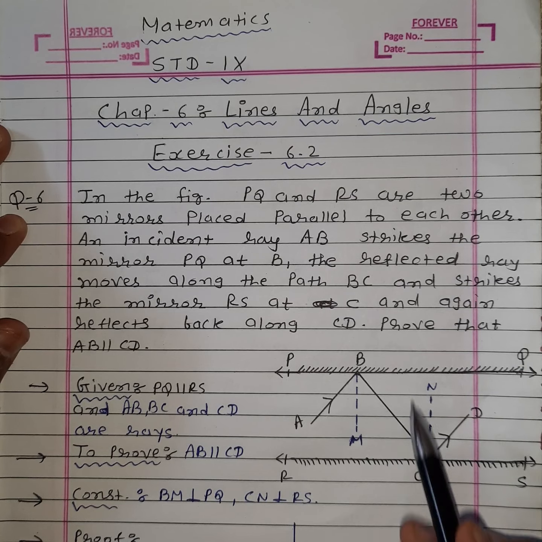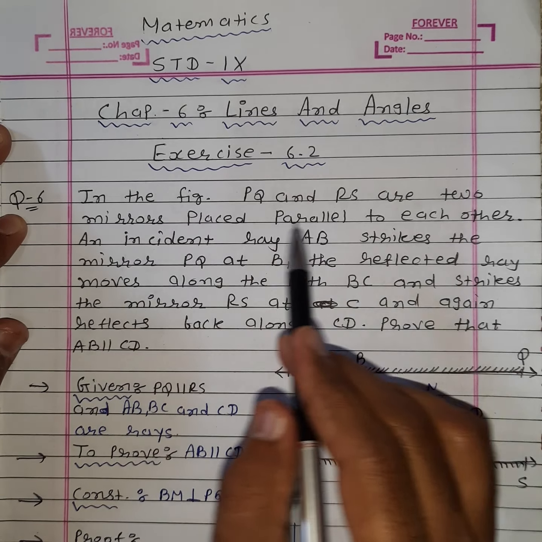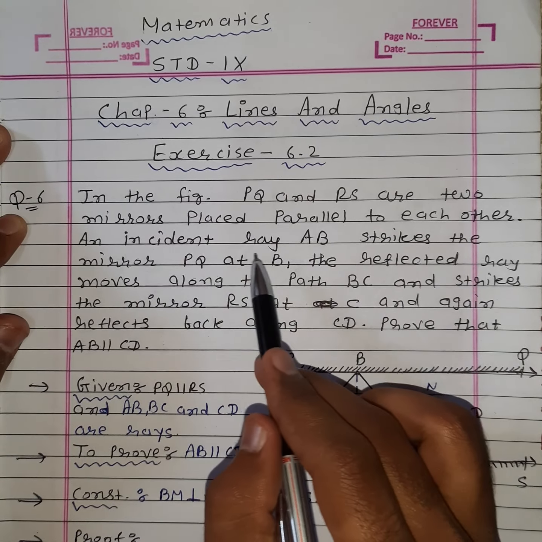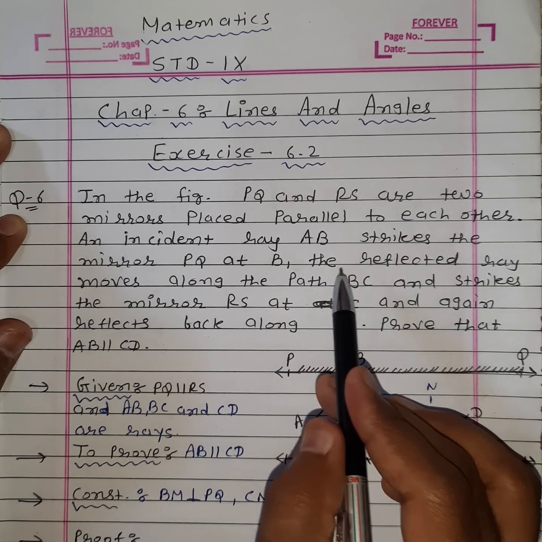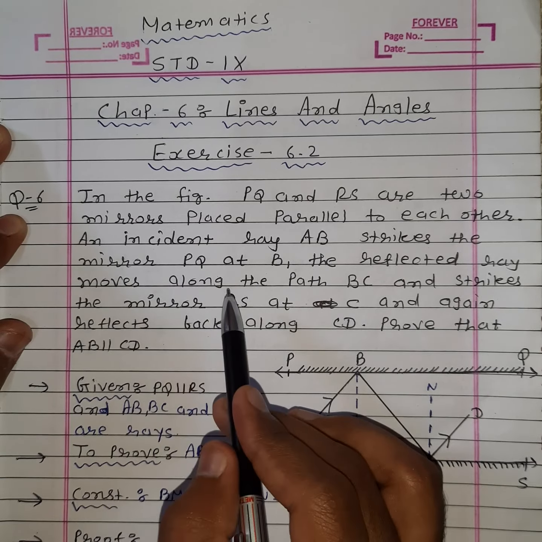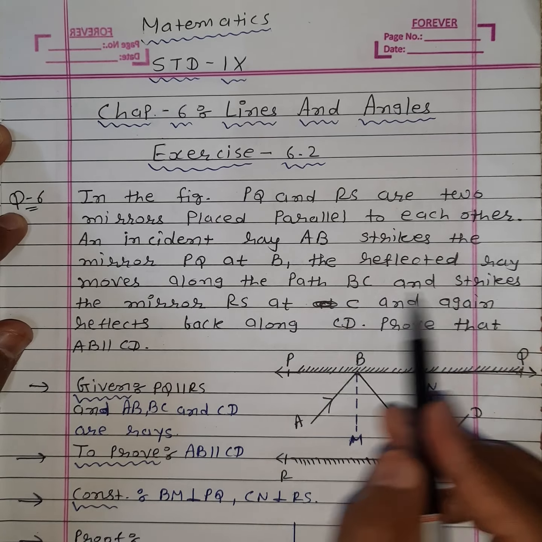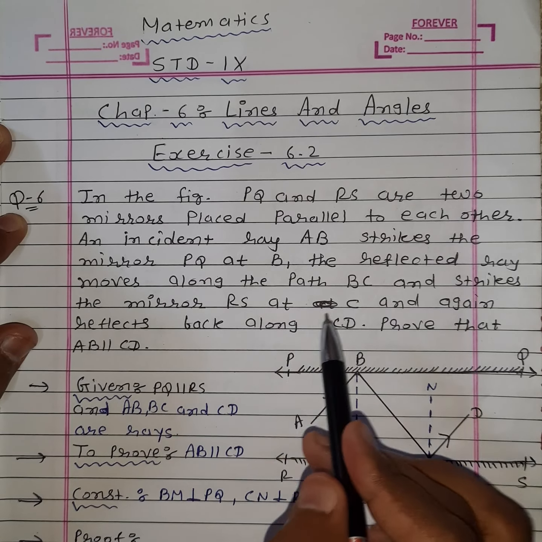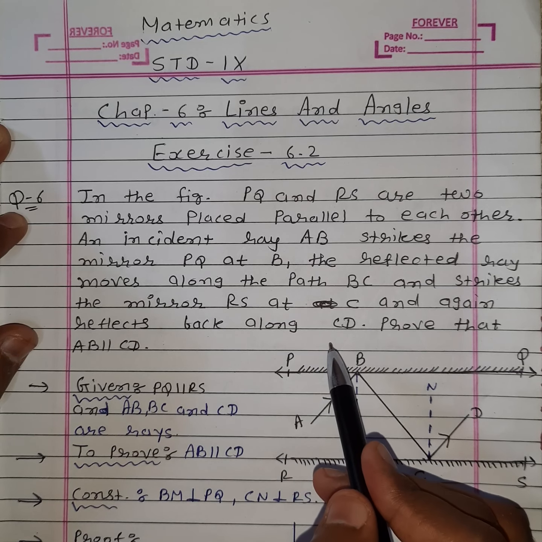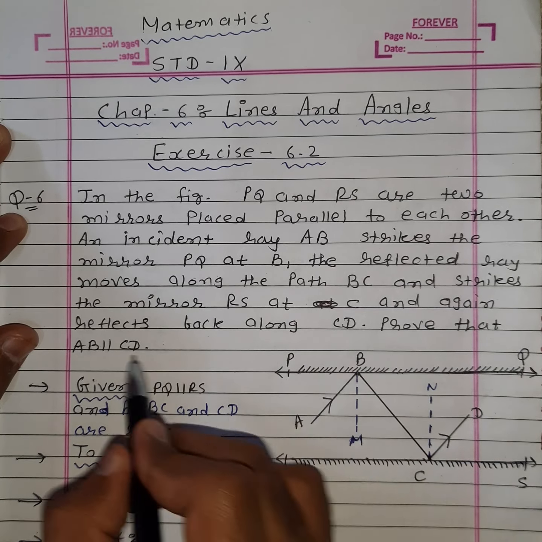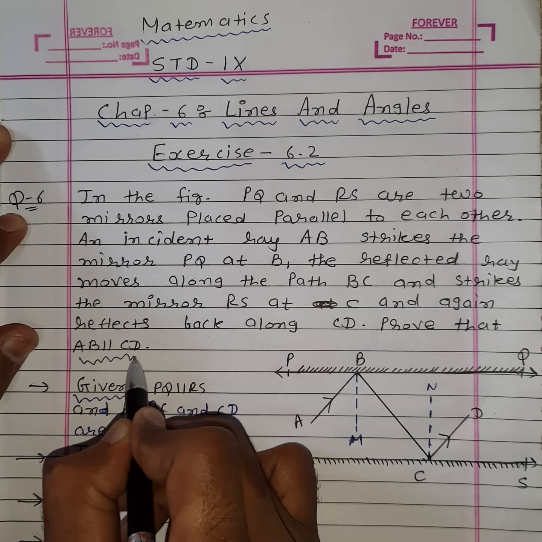They are placed parallel to each other. Now, an incident ray AB strikes the mirror PQ at point B, and the reflected ray moves along the path BC and strikes the mirror RS at point C, and again reflects back along CD. And we have to prove that AB is parallel to CD.